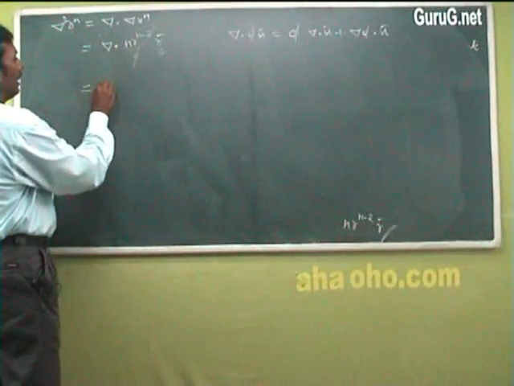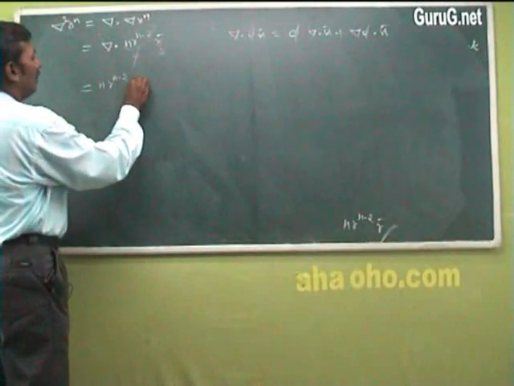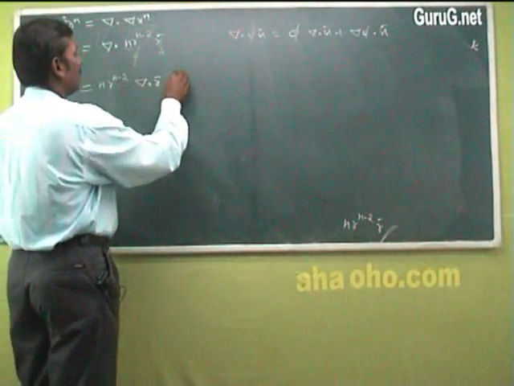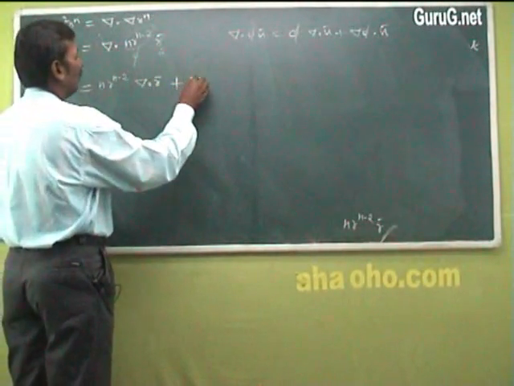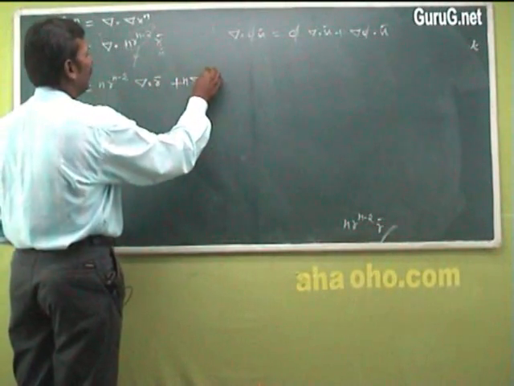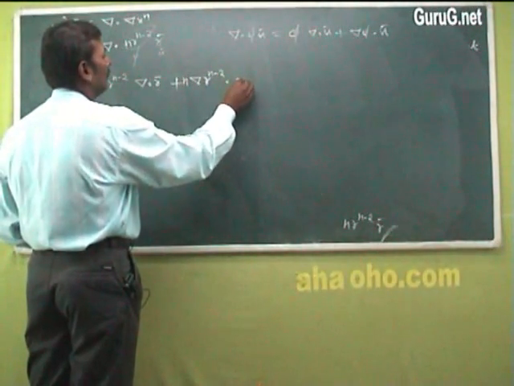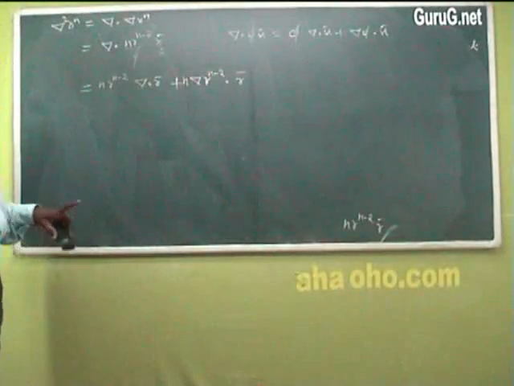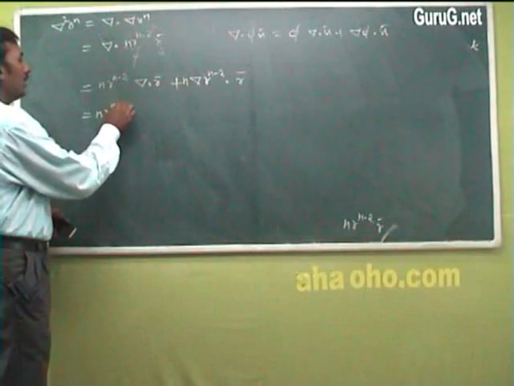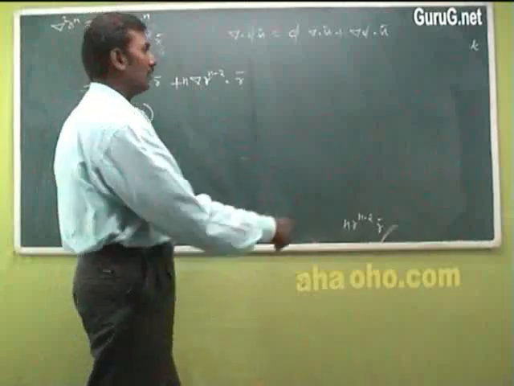So phi, so n into r power n minus 2 into del dot r vector, right, plus del phi. So take n outside: del of r power n minus 2 dot r vector, right? So del dot r, our answer is 3, right?